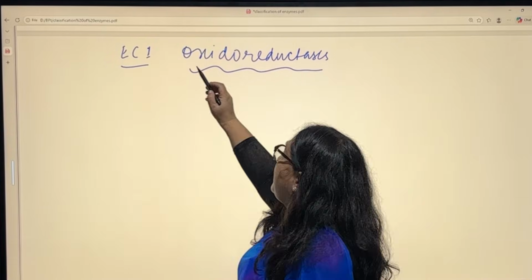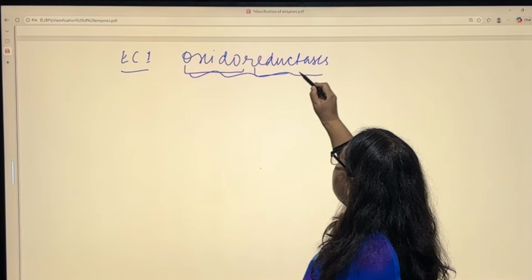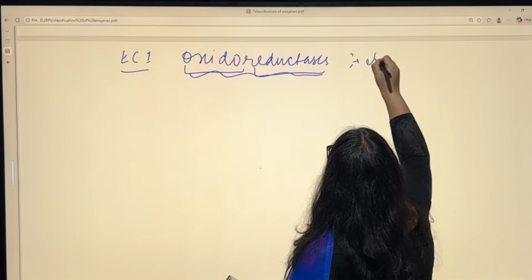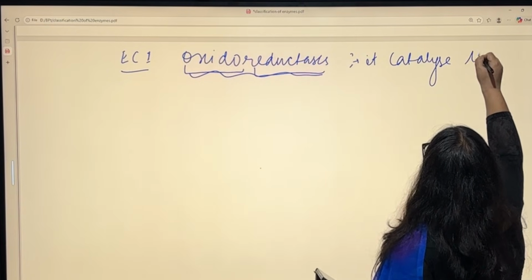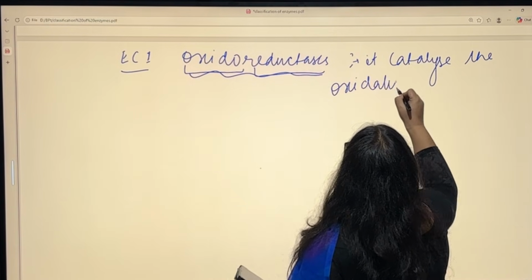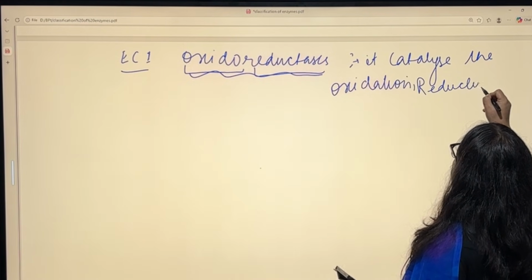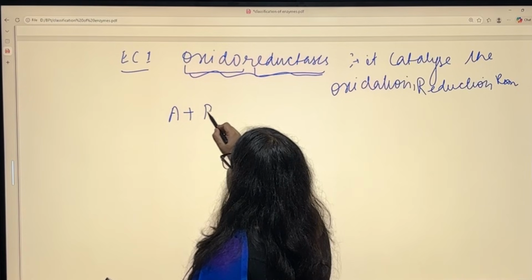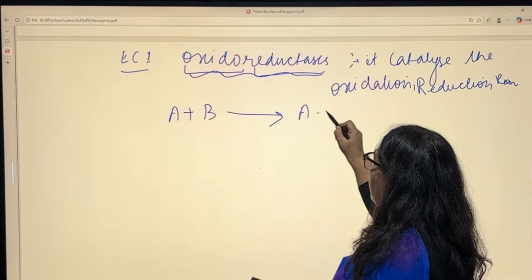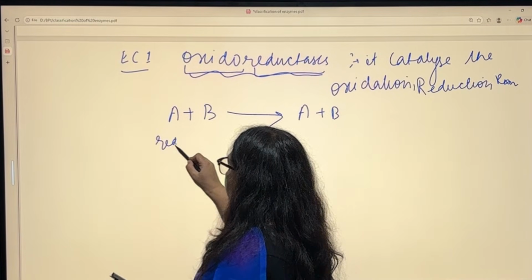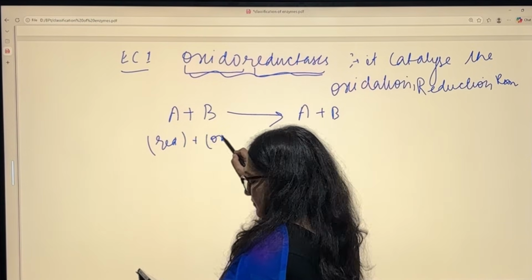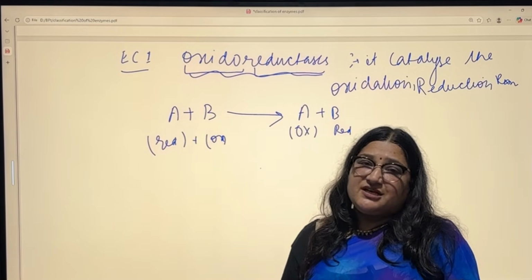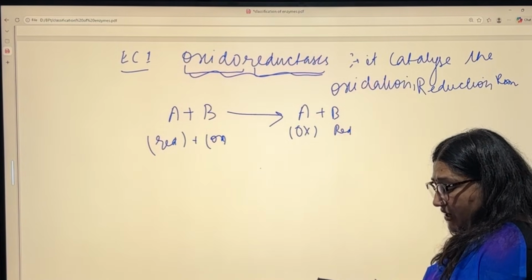As the name suggests, oxidoreductases catalyze oxidation-reduction reactions. For example, we have a reaction A plus B converting into A plus B, where one substance is reduced and another one is oxidized. The enzyme that catalyzes an oxidation-reduction reaction is called an oxidoreductase.